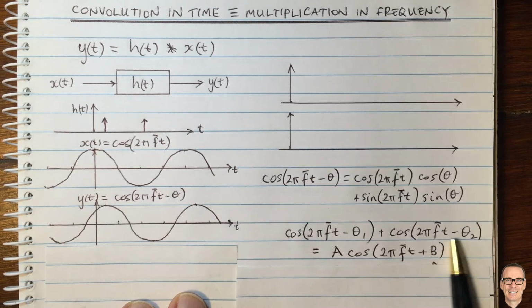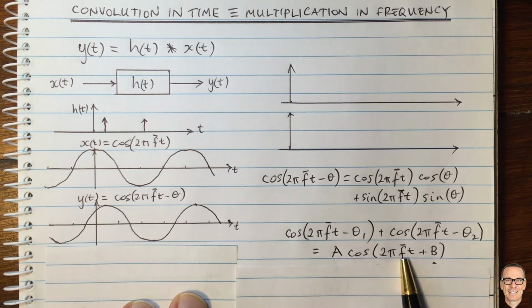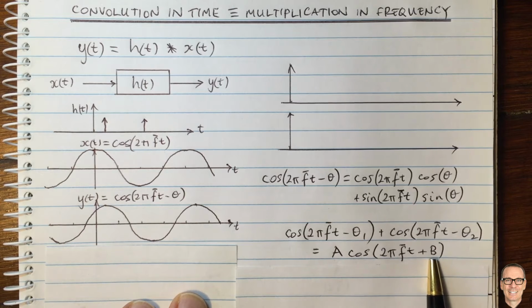So we'll be able to write this, when there's a second delay, in terms of an amplitude times the cos of 2 pi f bar t, still at f bar, plus an overall phase.